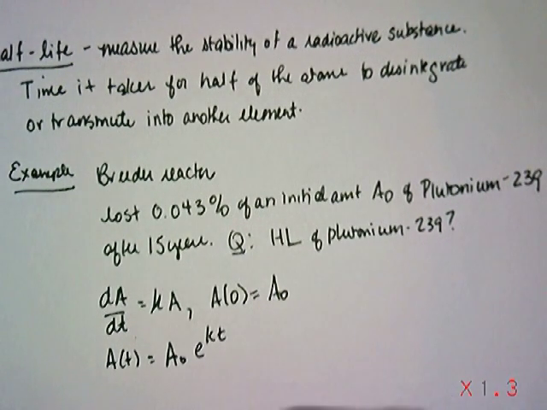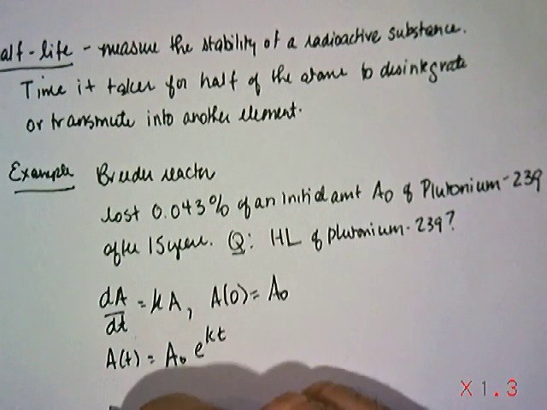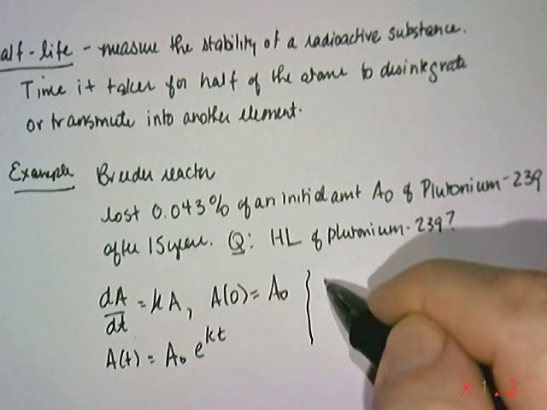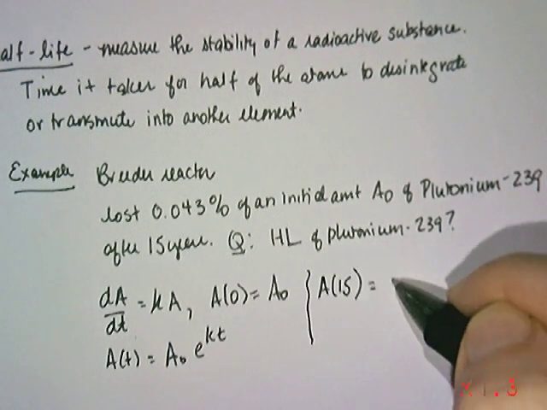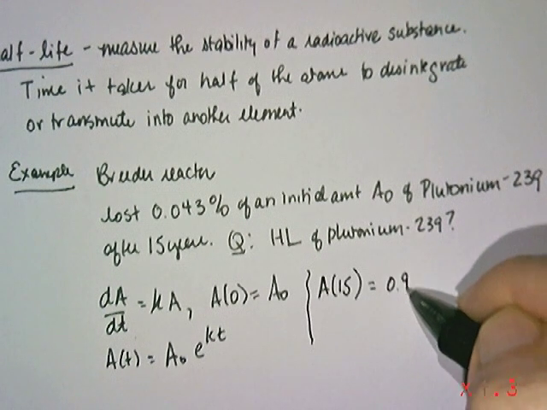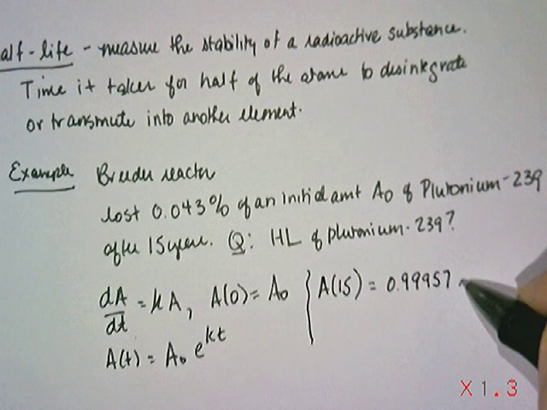But the difference from the bacterial growth is this is not growth, this is disintegration. So this is a reduction from what you started with. In fact, we know for a fact that after 15 years, we have reduced the amount of plutonium to 0.99957 times A0.